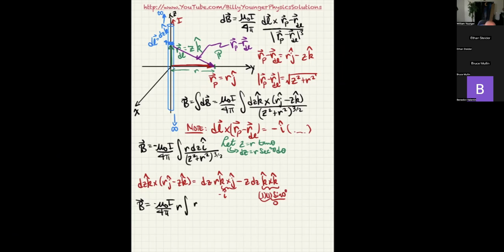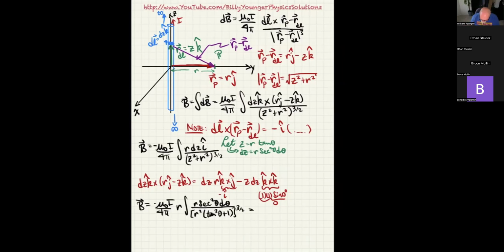Dz is going to be r secant squared theta d theta. And now what you're going to see in the bottom is, since z is equal to r tangent theta, I'm going to get r squared times tangent squared theta plus 1, and all that raised to the 3/2 power.